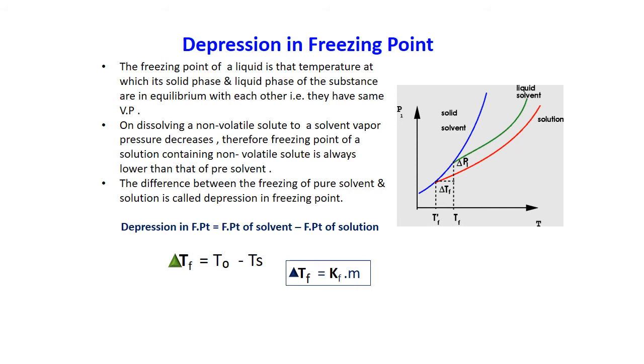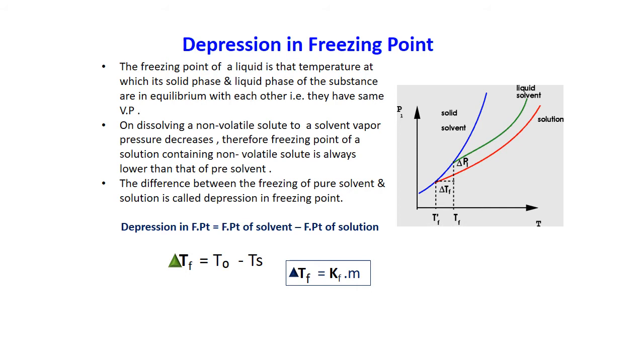That's why the solution having non-volatile solute will be in equilibrium with the solid at a temperature lower than that of the pure solvent. So vapor pressure decreases or freezing point decreases, and the difference between the two is known as depression in freezing point, decrease in freezing point.